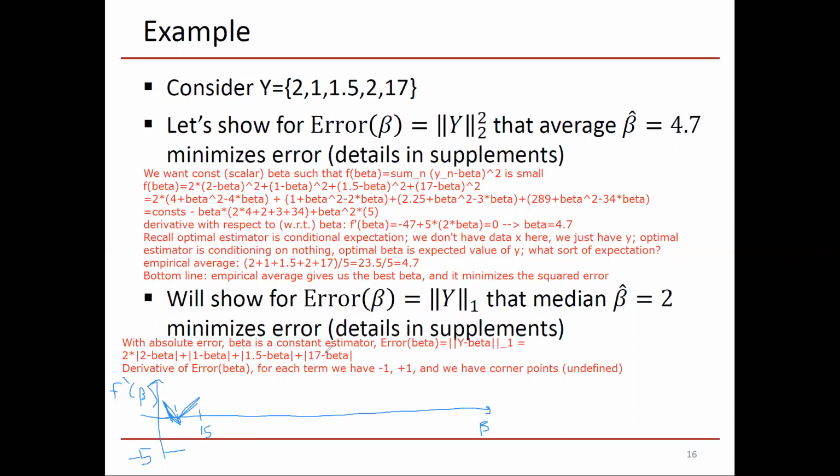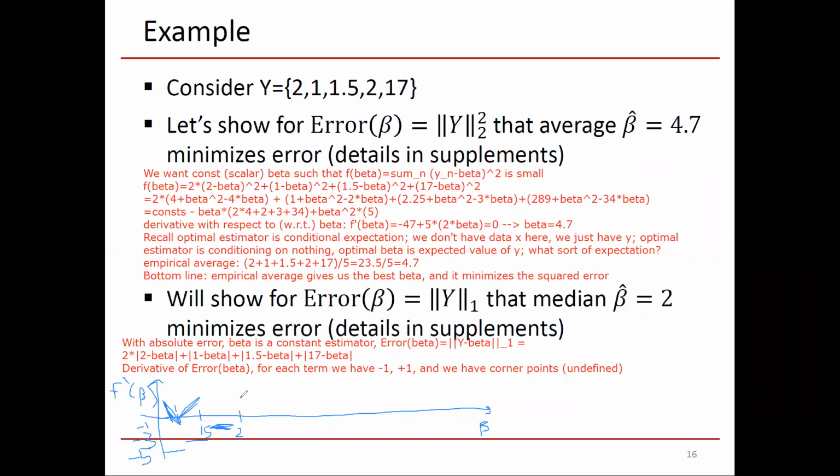So 4 negatives, 1 positive, and we have negative 3. Now what happens between 1.5 and 2? Clearly I'm not drawing to scale. The 2 minus betas are both negative, so I have two negative 1 derivatives. The 17 minus beta is negative, so I have 3 negative derivatives, and I have 2 positives. So overall, my derivative is negative 1.